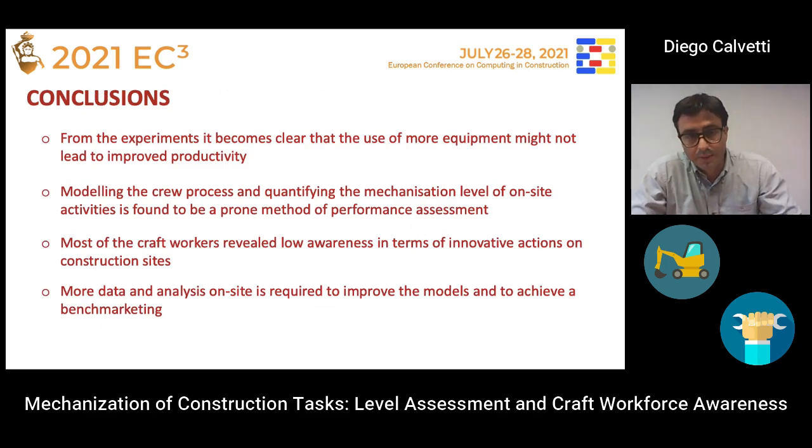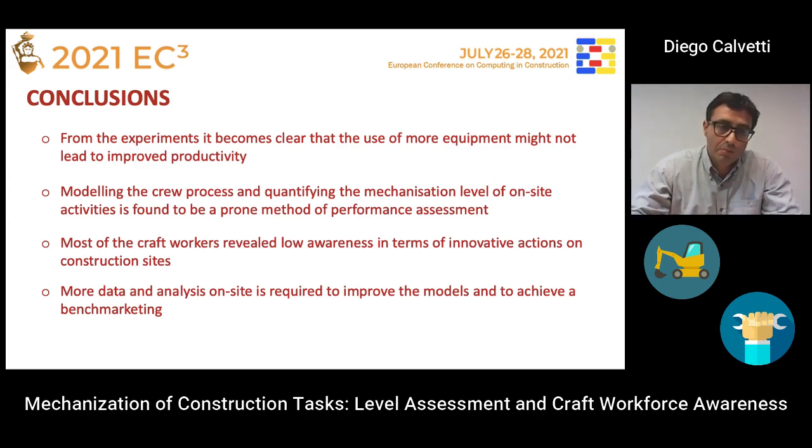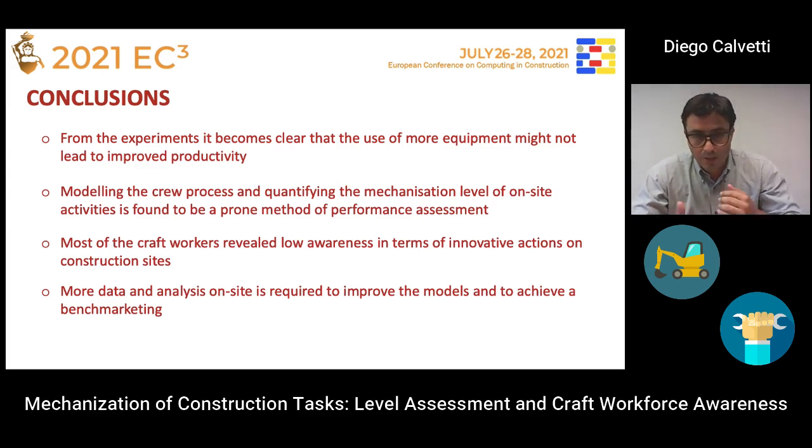Concluding, from the experiment, it becomes clear that the use of more equipment might not lead to boosting productivity. And you should model the process based on the crew, quantify the mechanization level based on the crew, and try to understand the relationship between the workers and the machines, and that will be the way to increase performance.